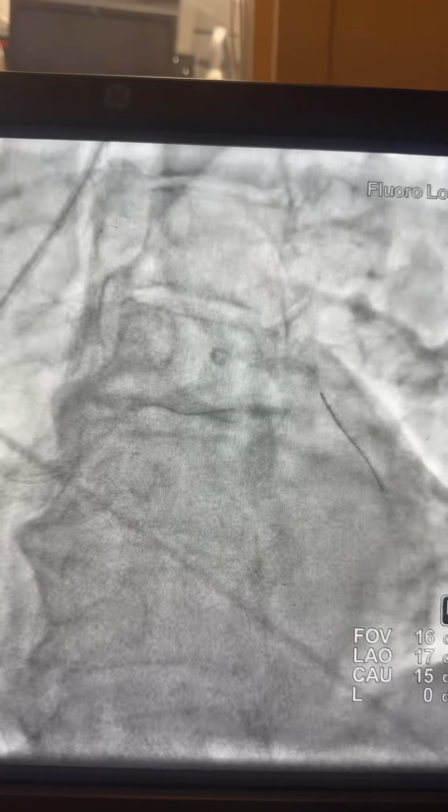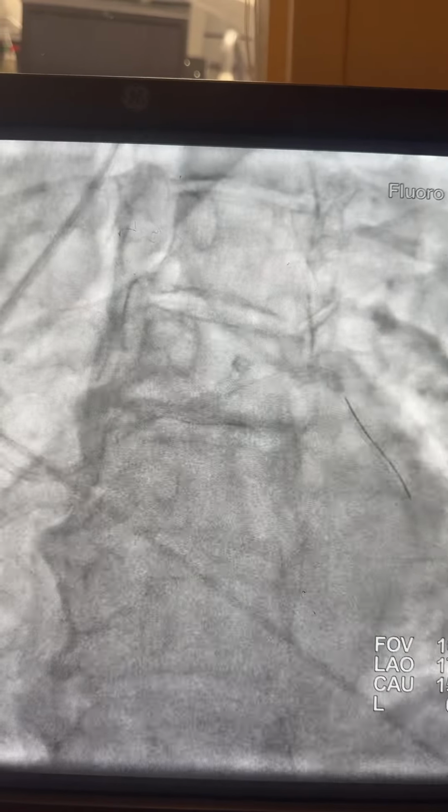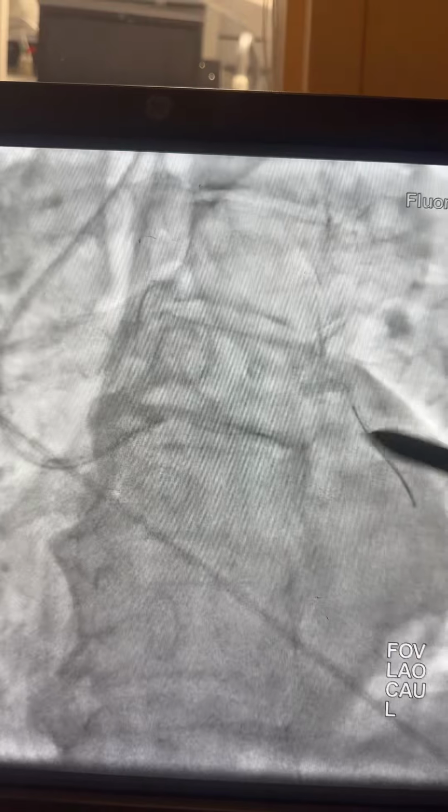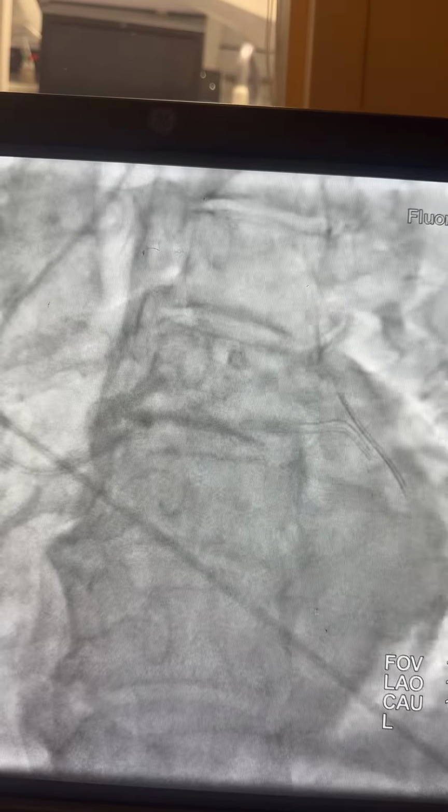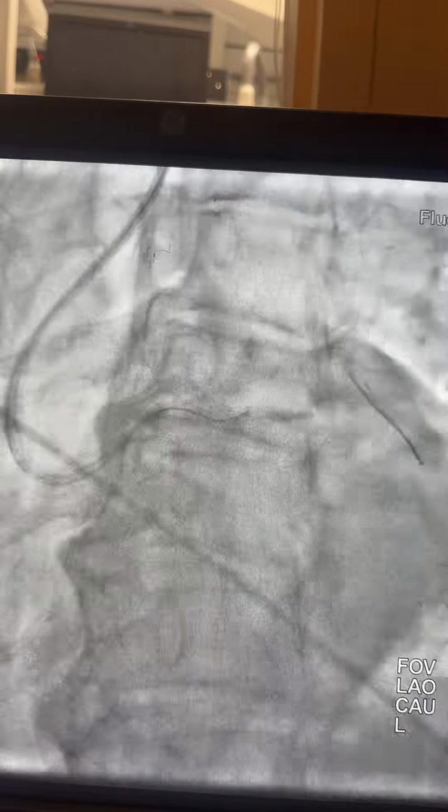So here the wire ran through in the diagonal, then the PT wire, supported by a 2.0 balloon, was placed in the distal segment of the Ramus, and then starting the inflation.